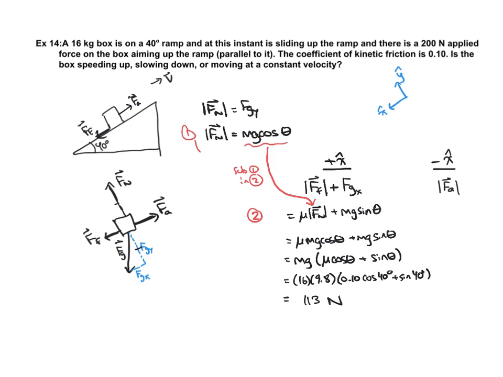So that's all the forces pointing down the ramp, and for the forces pointing up the ramp, the negative x direction, it's just the applied force, and it's just given right to us. It's a lot easier. You just write what it is, 200.